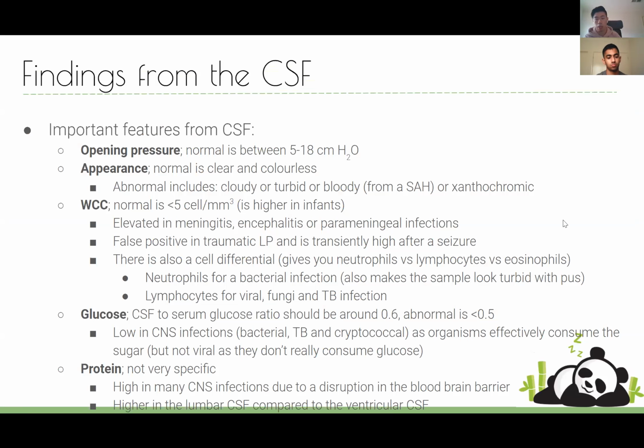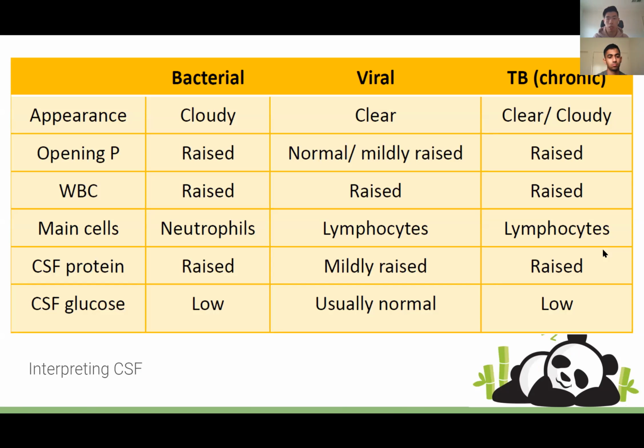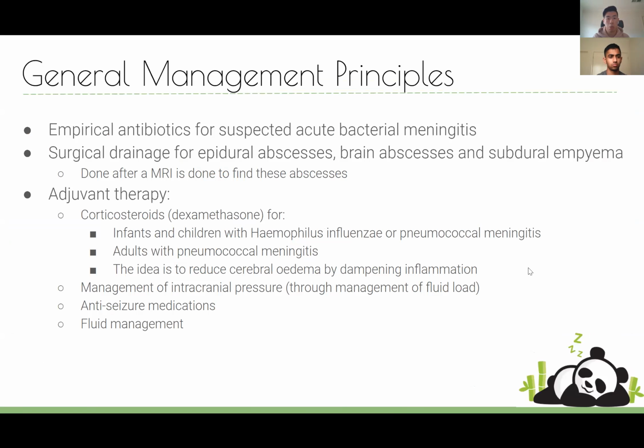But we're looking at other things in general. This is the worded form of that, basically. This is important. There'll almost certainly be a question related to this. It gets asked a lot, so make sure you know this, especially the difference between bacterial and viral. In terms of general management principles, empirical antibiotics are used for acute bacterial meningitis.